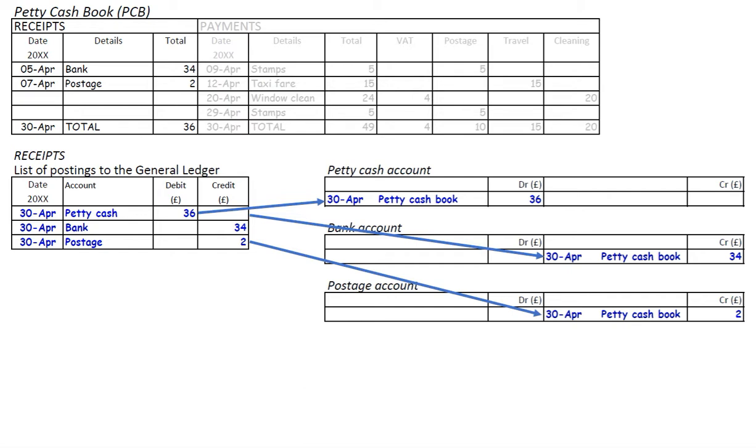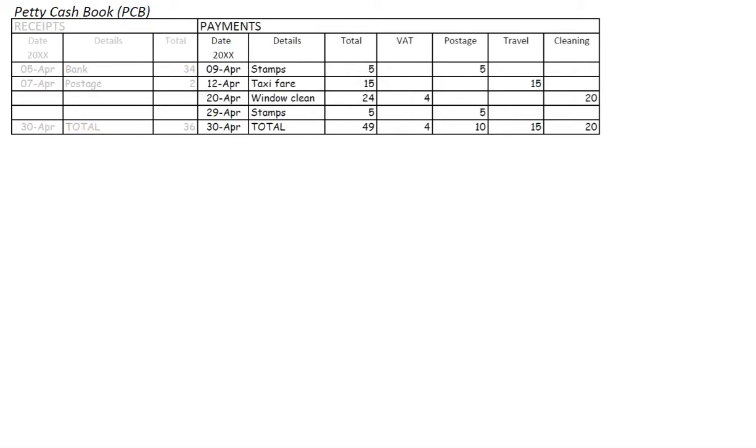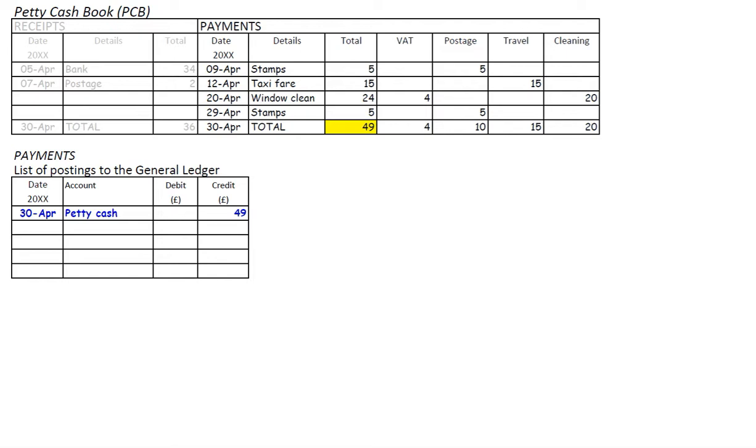Now that we've looked at how we post the petty cash receipts, let's have a look at how we post petty cash payments. So we have the payments highlighted on the screen now, and we will start posting those totals from our payment columns into our postings list.